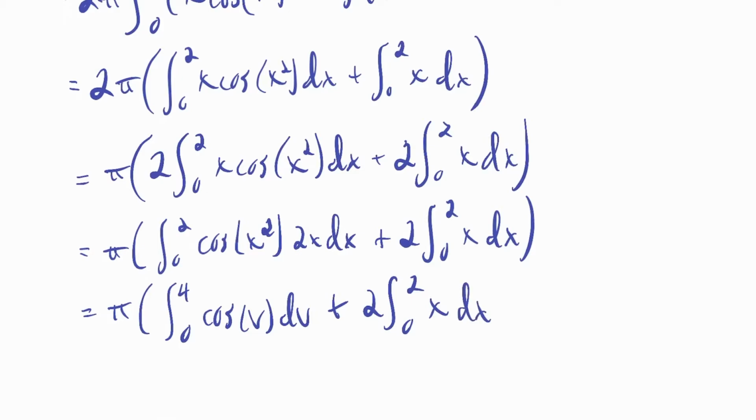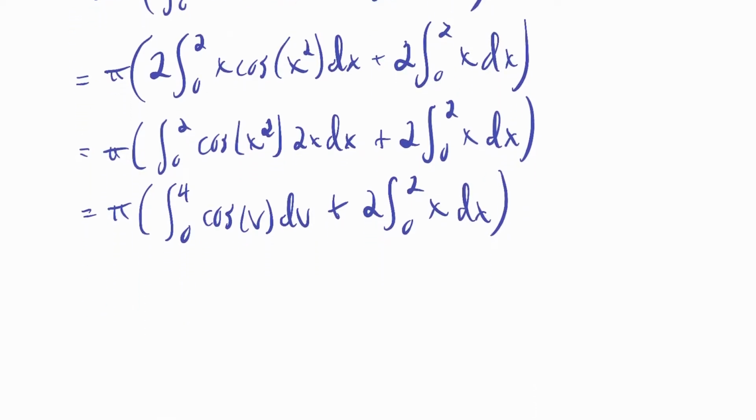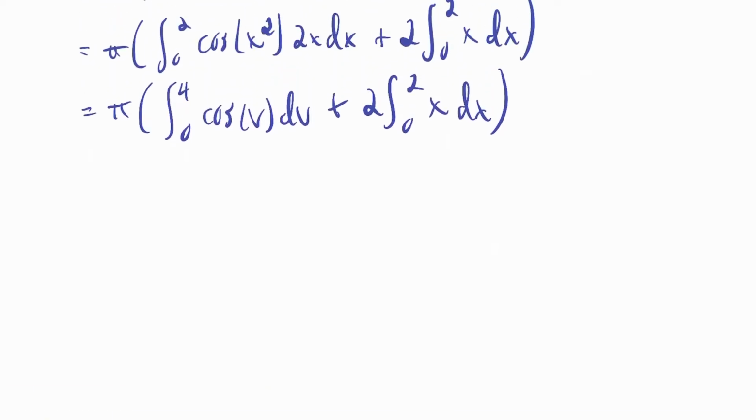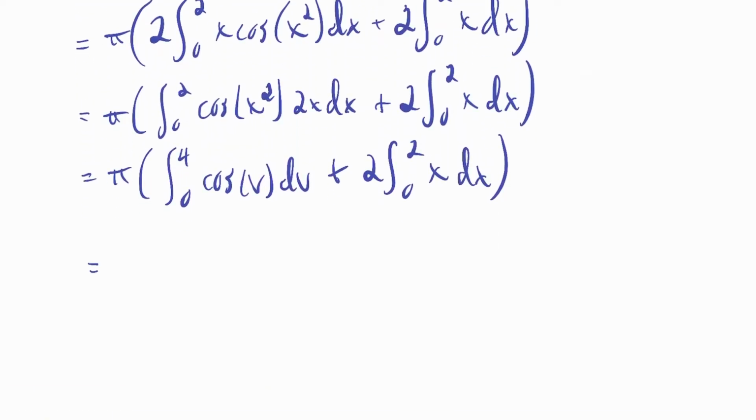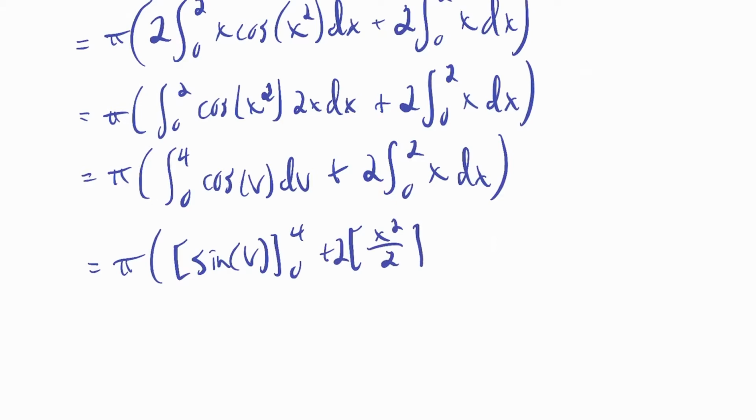Again, I'm waiting until I can do both antiderivatives at the same time. I'm probably running out of room here. Okay, I got some room. So pi times sine of v, evaluated at 0 and at 4, plus 2 times x squared over 2, so that ends up not mattering, from 0 to 2. Go ahead and cancel these.